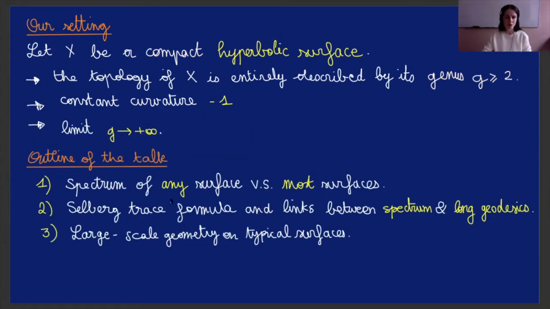So the outline of the talk is as follows. First, I'm going to say what we can say of the spectrum of any surface like this, and compare it to what we can say of the spectrum of most of these surfaces. Then I'll explain how the Selberg trace formula allows us to study the spectrum by understanding the geometry, and how understanding the spectrum is related to understanding long geodesics.